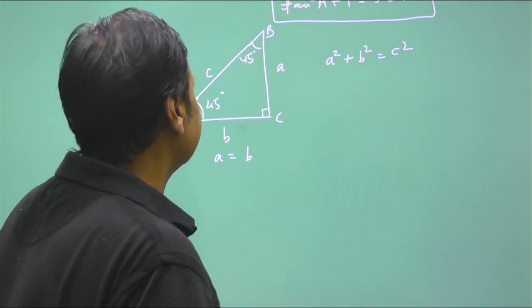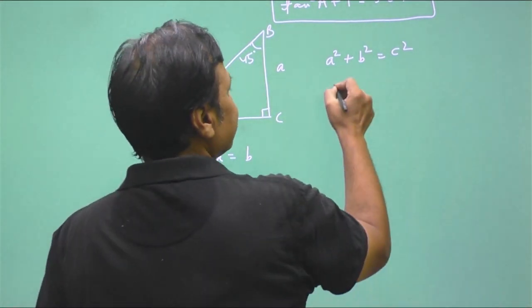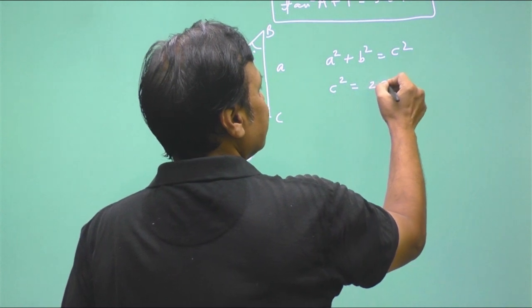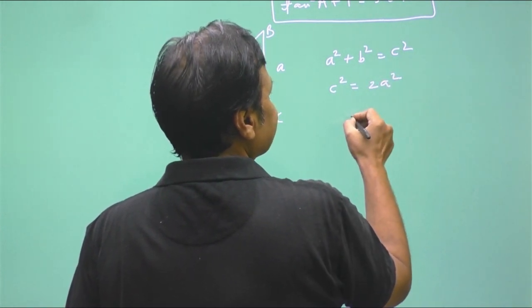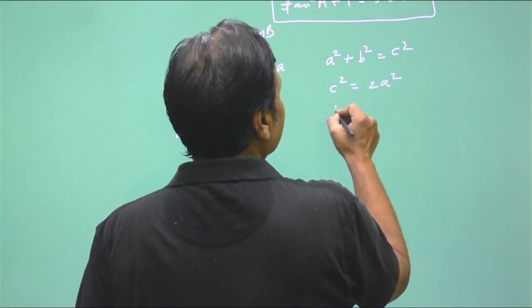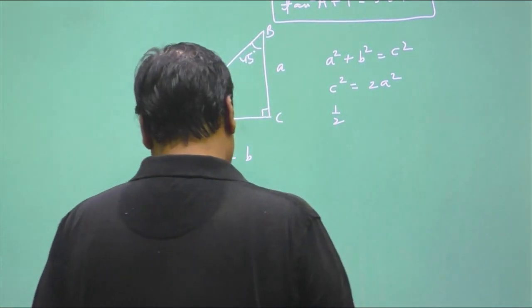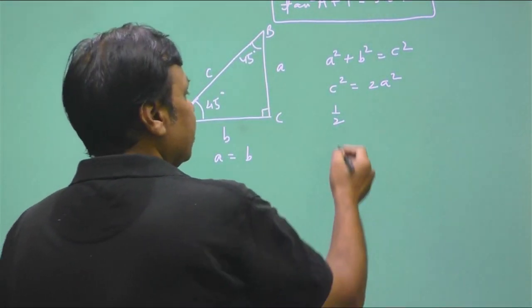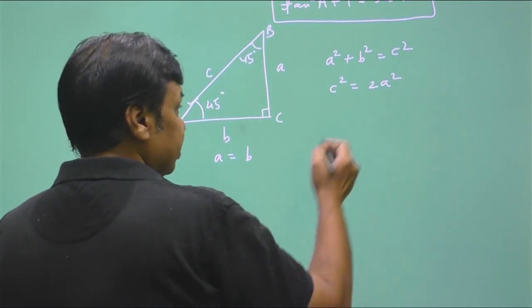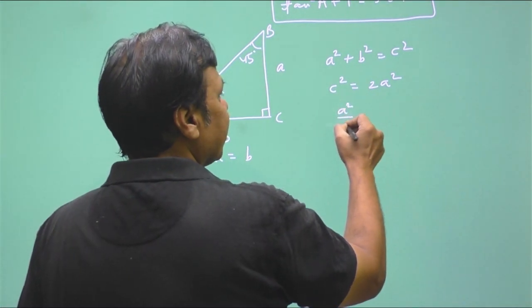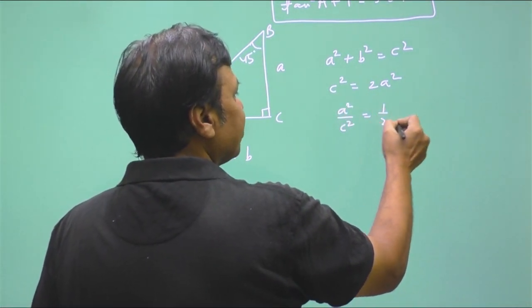Since A is equal to B, you can write C square equal to 2A square. That means A square upon C square equals 1 by 2.